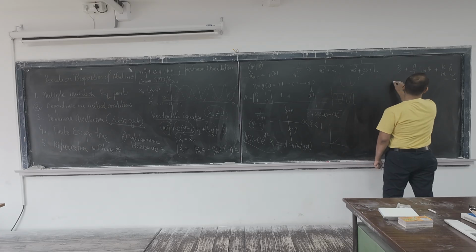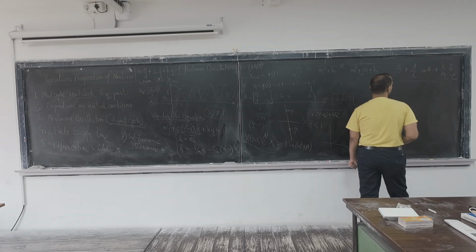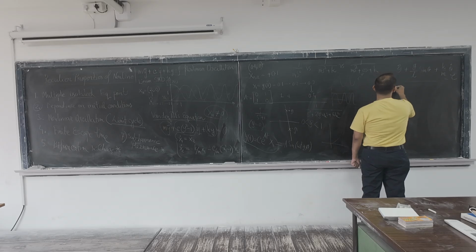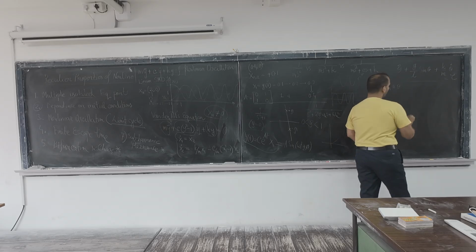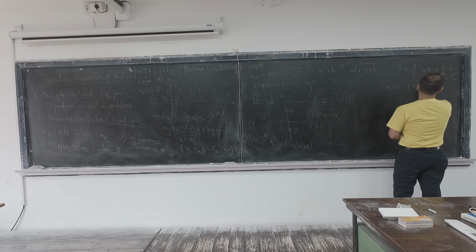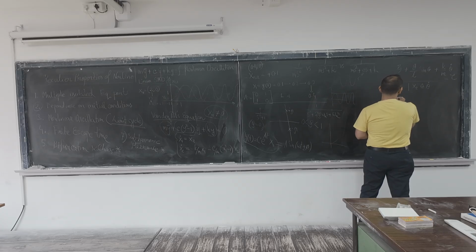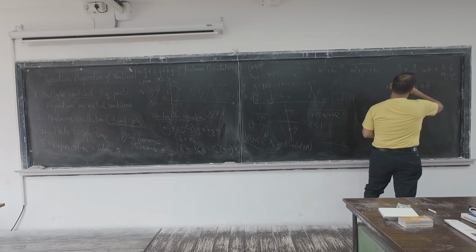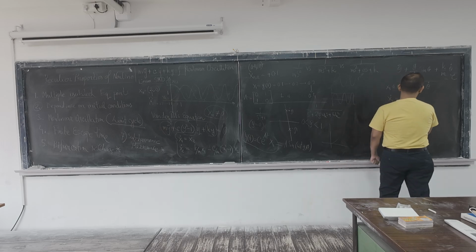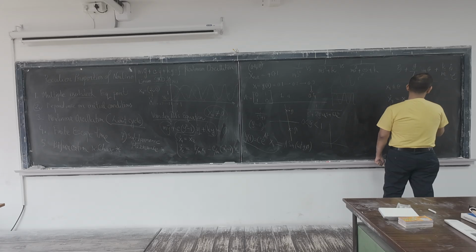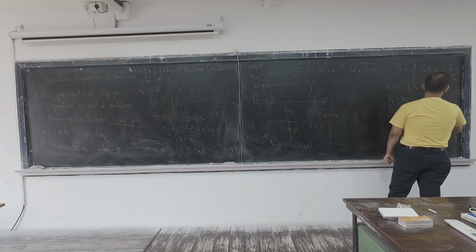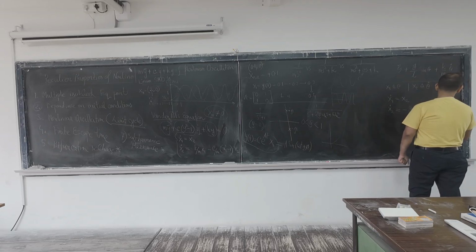So this is the pendulum, and if I write the state variables, suppose x1 is theta and x2 is theta dot. Then x1 dot equals x2, and then x2 dot equals minus G by L sin x1 minus G by L x2 plus u, right?